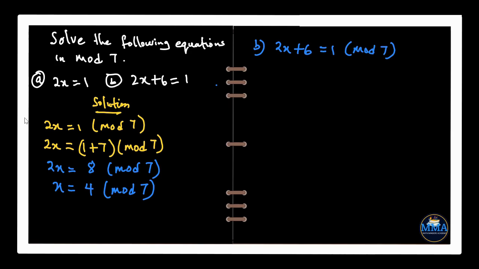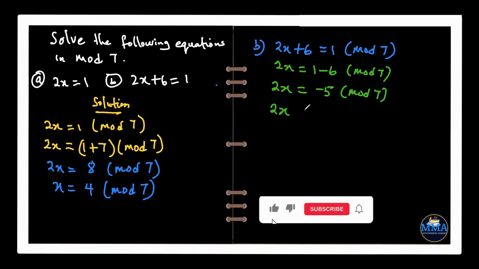Now, how do we handle that? Here, we are going to have 2s equals 1 minus 6 mod 7. 2s equals minus 5 mod 7. So we now need to do something here.